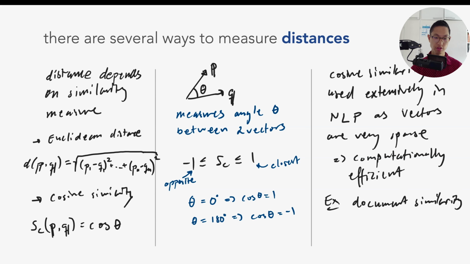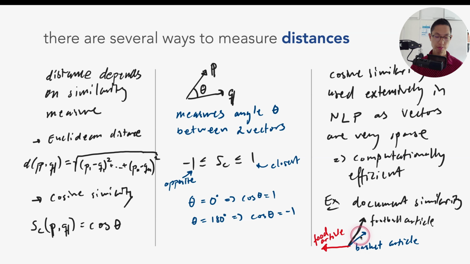For example, we have document similarity, and one vector could look like this for a football article, another vector for a basket article, and another for a food article. Then you take a look at the angle, the ones that are closest. For example, here you can see basket and football are very close to each other.